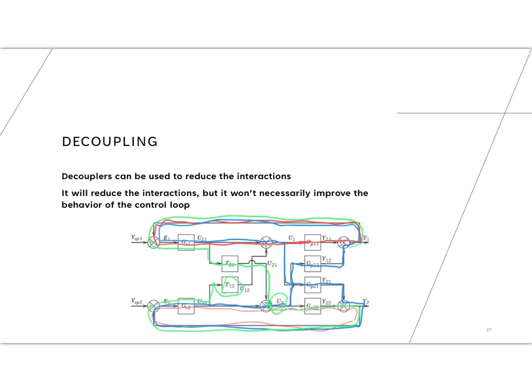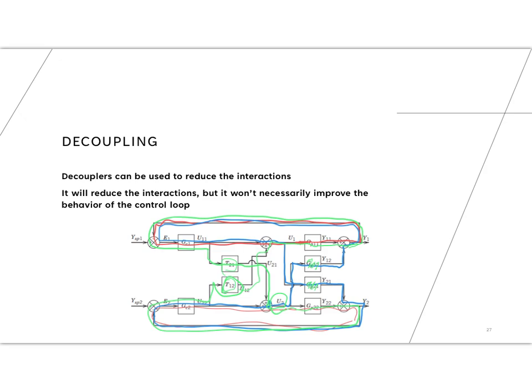And then controller 2 is going to change U1, which will affect Y1. But I can do that, and I can make choices of transfer functions so that I minimize the effect of the GP12 and GP21. So I can minimize the interactions. I'm not going to be able to totally eliminate them, but I can certainly make it less. All right, that's called decoupling.